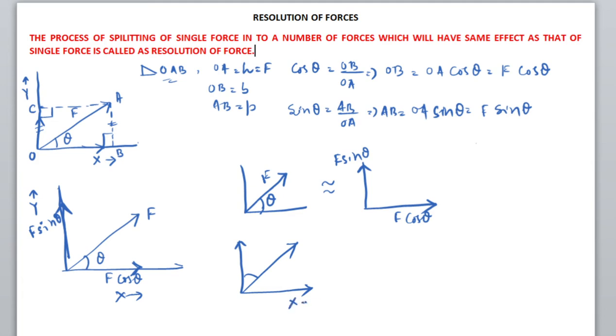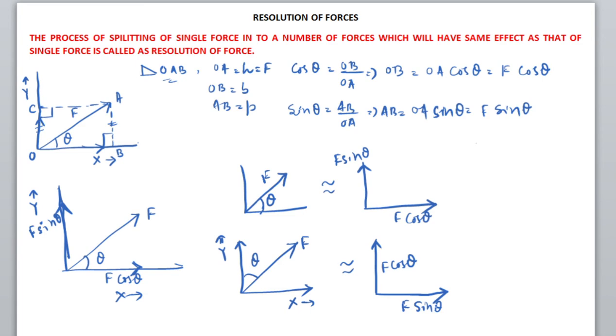If the force F is acting at an angle theta to the y-axis, then you can easily do the resolution of force like this: F cos theta along the y-axis, F sin theta along the x-axis.